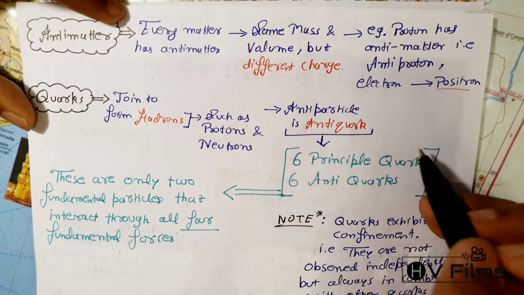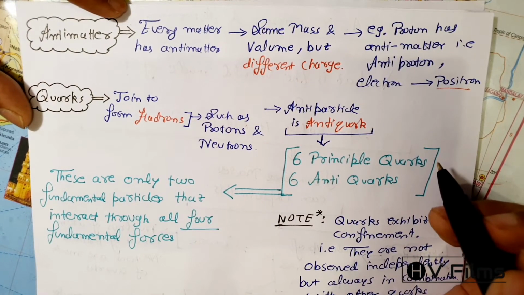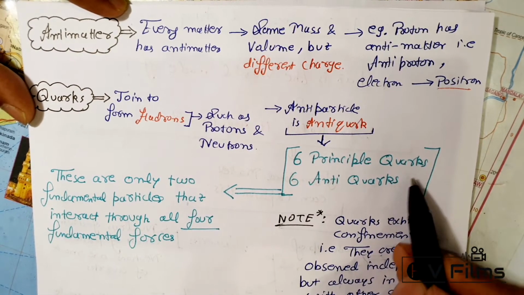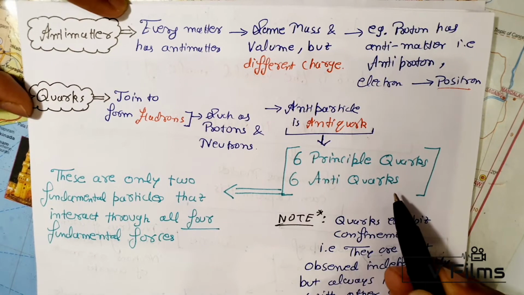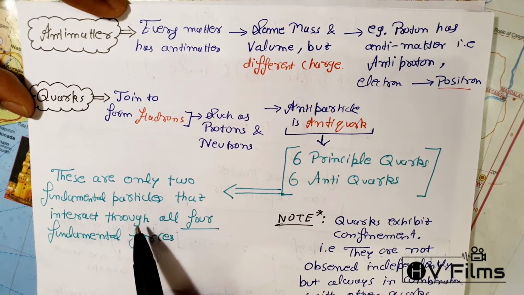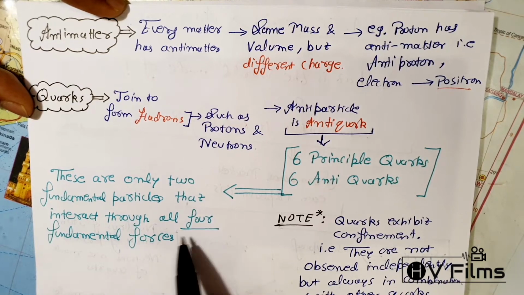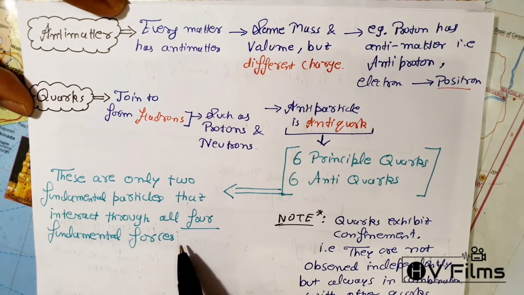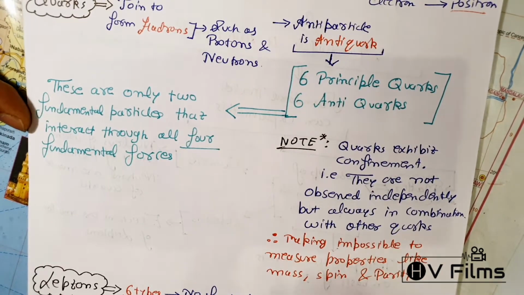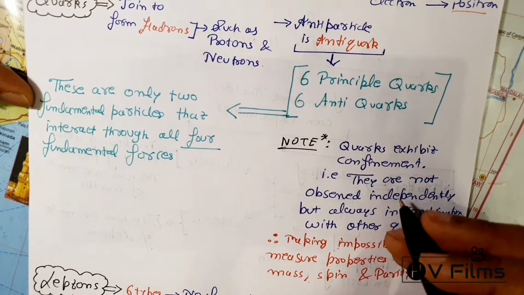So in physics, as per the standard model, there are 6 principal quarks as well as 6 antiquarks. And these are the only fundamental particles that interact through all 4 fundamental forces that we discussed previously: gravitational, electromagnetic, strong nuclear force, and weak nuclear force.